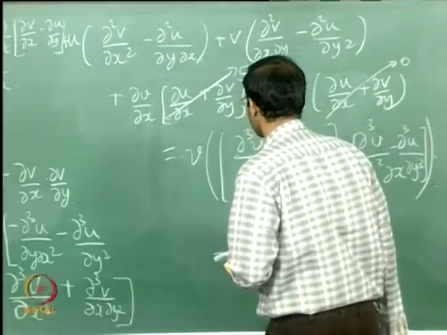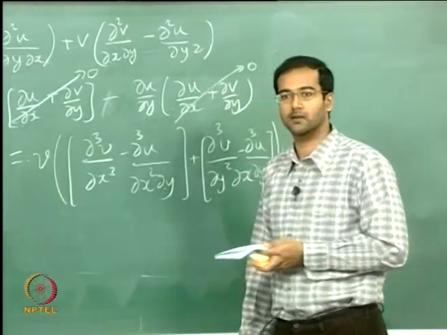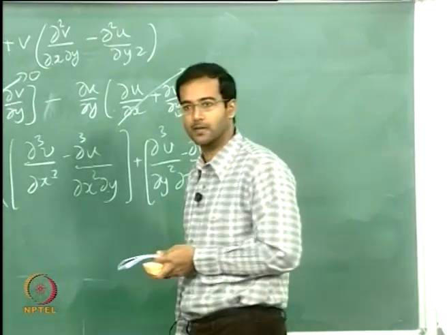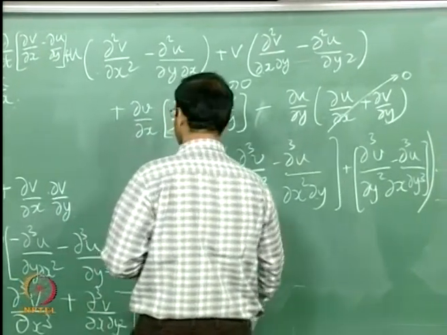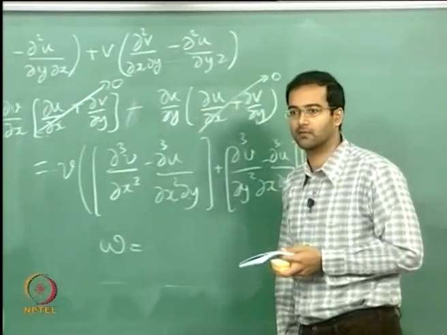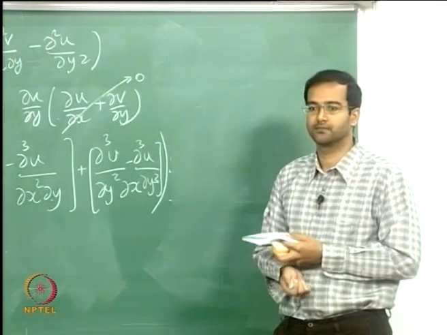Now what I am going to do is to introduce a function called the vorticity, which you are all familiar with, right. So how do we define vorticity? Many of you can recollect from your incompressible flows.